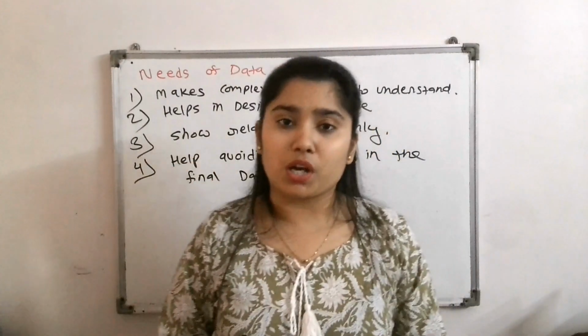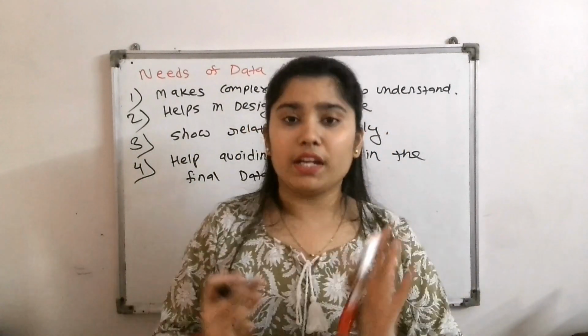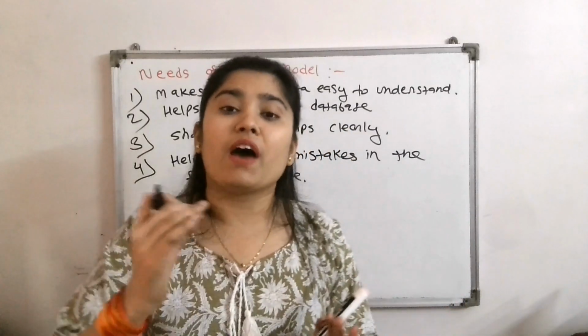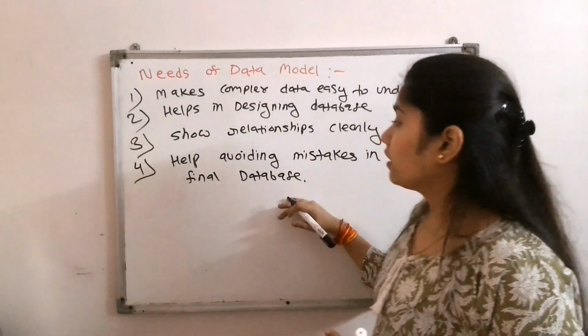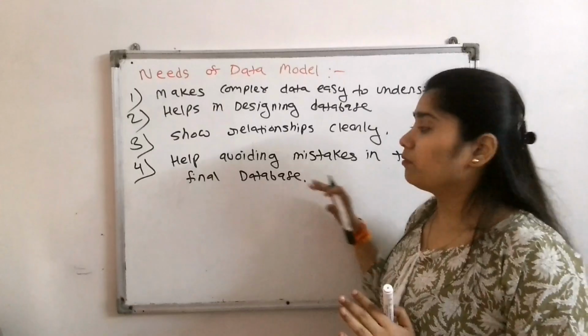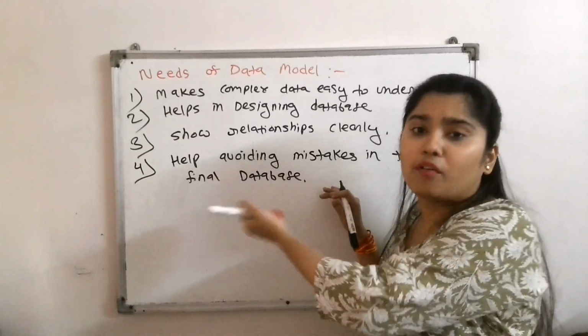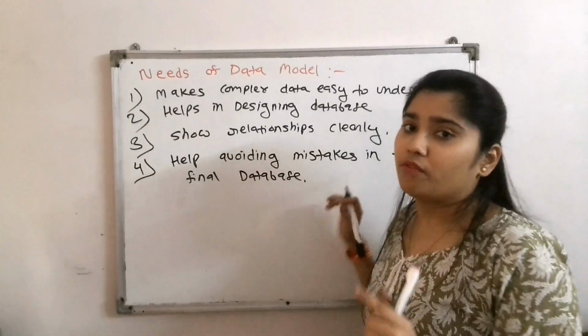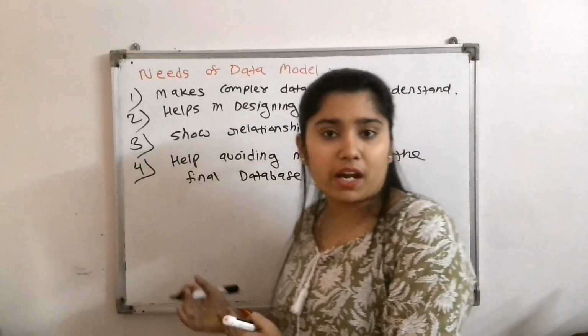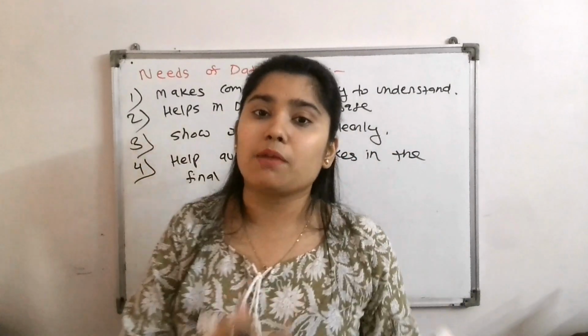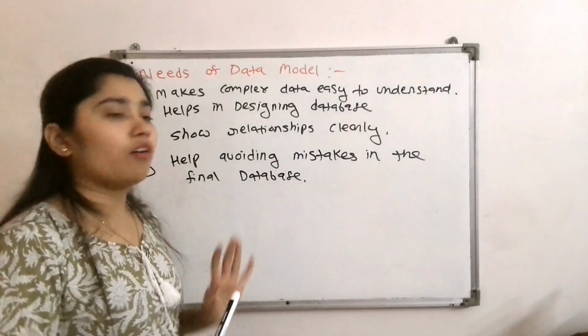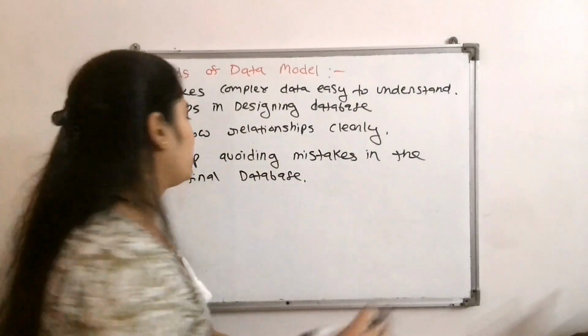It is first planning the structure of the database before creating the database. So the final database which will be created avoids mistakes in the structure. First we will make the structure, then we will create the database. So whatever mistakes might be made, they will be avoided with the help of the data model.